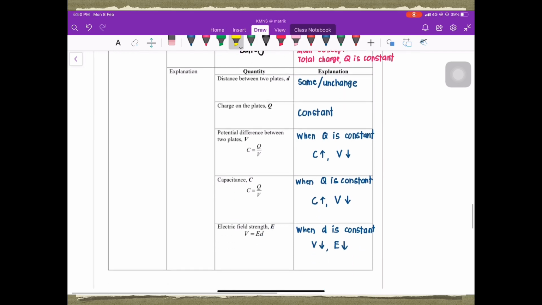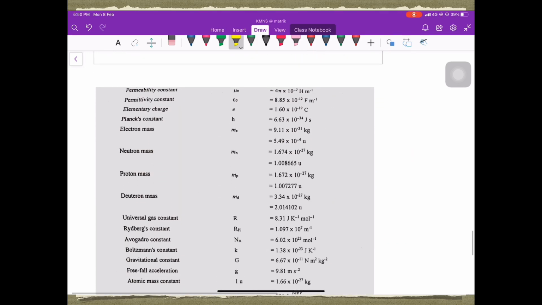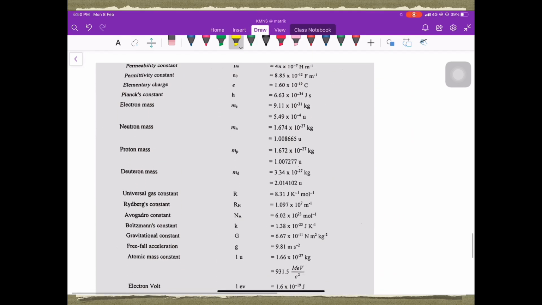Okay, look at the list of selected constants here. So where is your E0? E0 here. Permittivity constant, this is in vacuum. Alright.